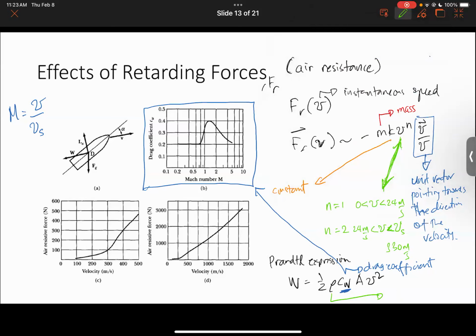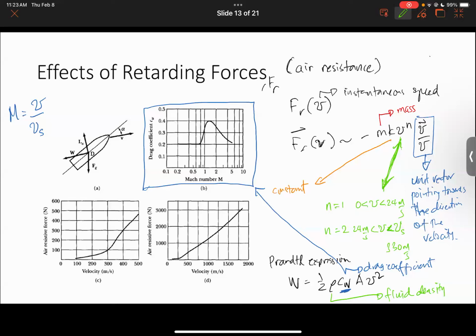Okay, so fluid density. Okay? Okay. So, ang malaking factor dito is yung drag coefficient and then yung surface area. Of course, yung speeds magdedepende yan dun sa object. Okay? And of course yung drag coefficient also depends on the speed. So alam niyo yun, medyo complex yung nangyayari pagdating sa air resistance kung itong Prandtl expression yung gagamitin natin.